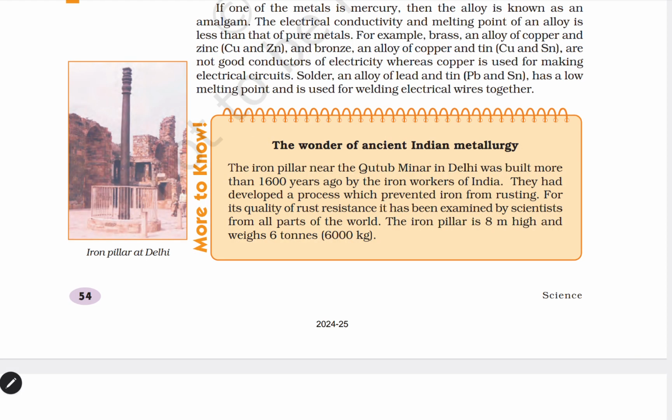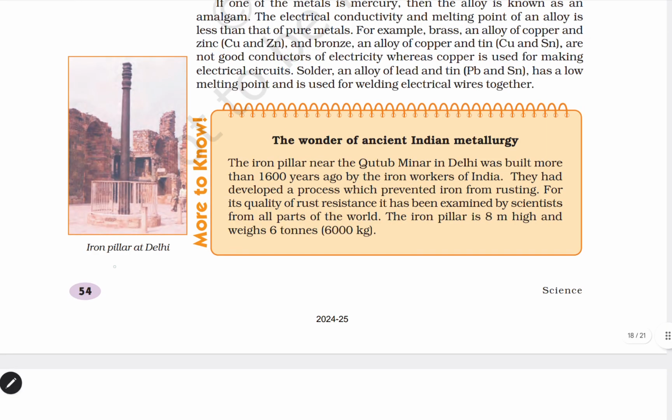So here another interesting fact, the wonder of ancient Indian metallurgy. The iron pillar near the Qutub Minar in Delhi was built more than 1600 years ago by iron workers of India. 1600 years ago, they had developed a process which prevented iron from rusting. So it was built 1600 years ago, but there is no rust at all.